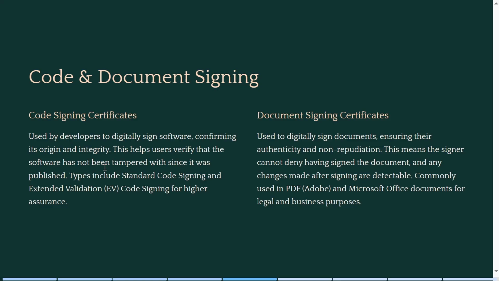And then we have document signing certificates. Okay, so document signing certificates are similarly working, or we can say it's equivalent to code signing certificates only, but here we just digitally sign the documents which are created by us. Okay, so ensuring their authenticity and non-repudiation.